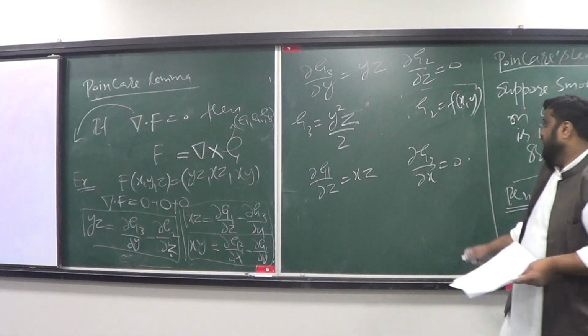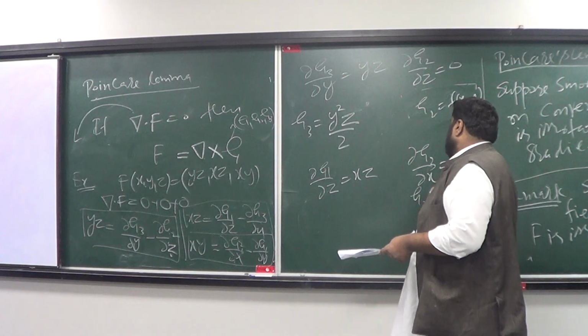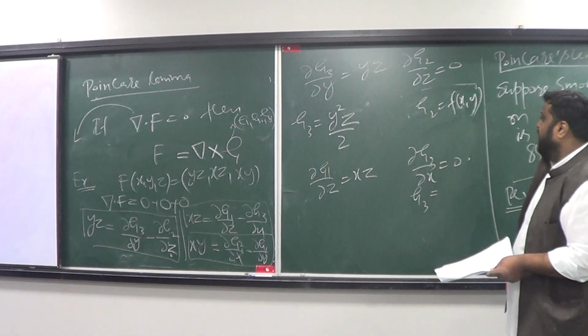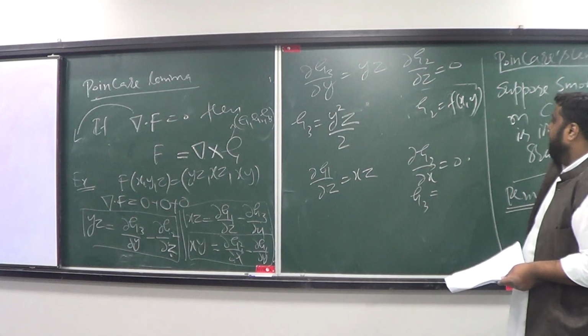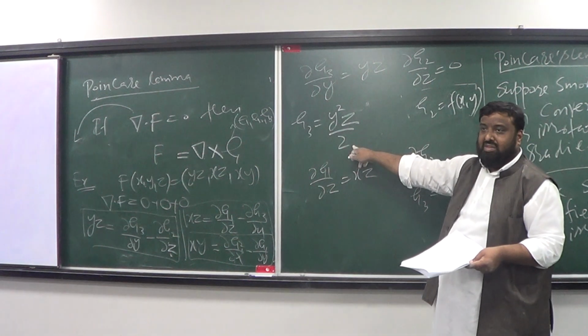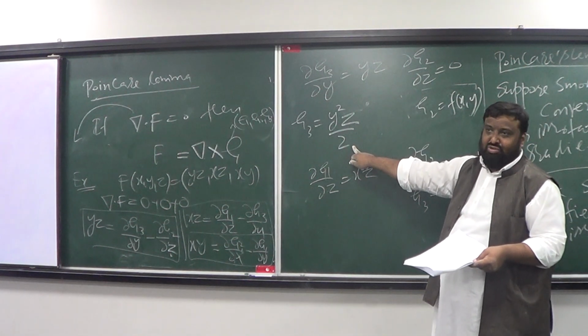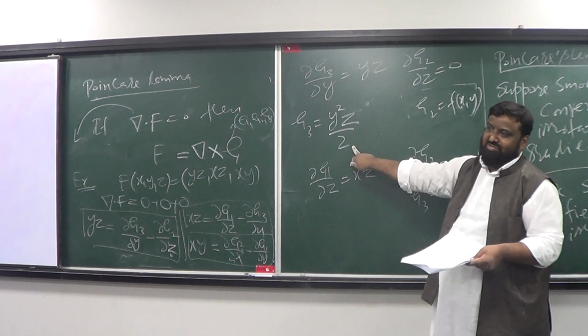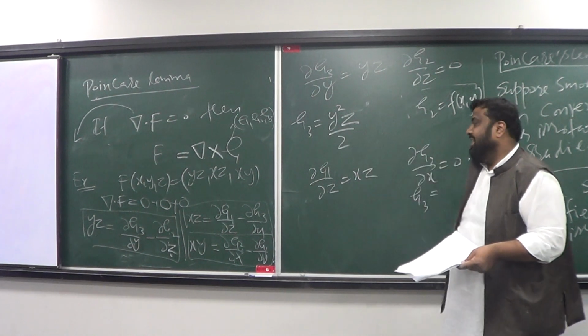Right? So the G3 is going to be a function of y and z, and I know it already. So this G3 is known to me, so it's not any new information added into it actually.